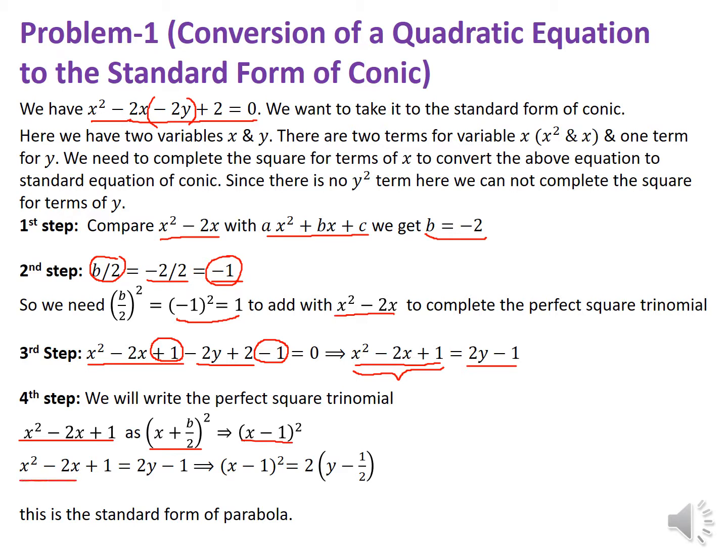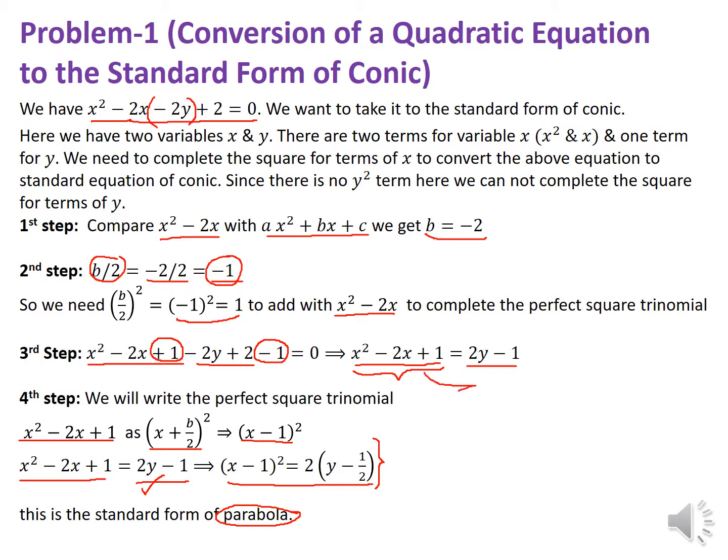So in total we have x squared minus 2x plus 1 is equal to 2y minus 1. This implies x minus 1 whole squared is equal to 2 into y minus 1 over 2. That means from the right side we have taken 2 as common. So now this equation is the standard equation of a conic, especially the standard equation of a parabola.